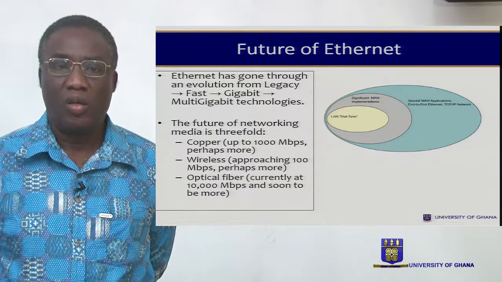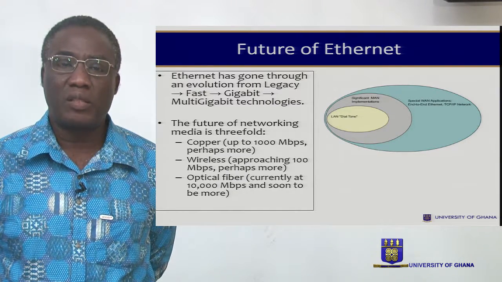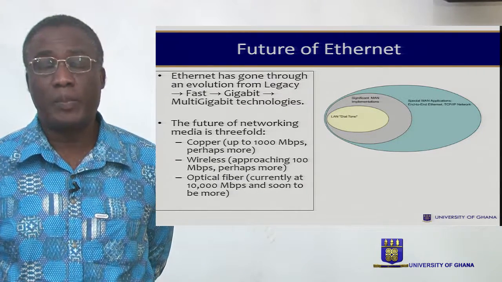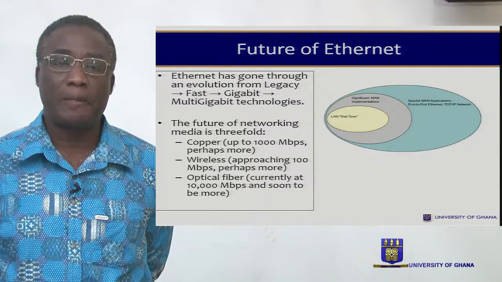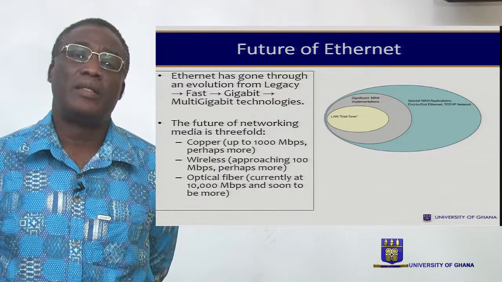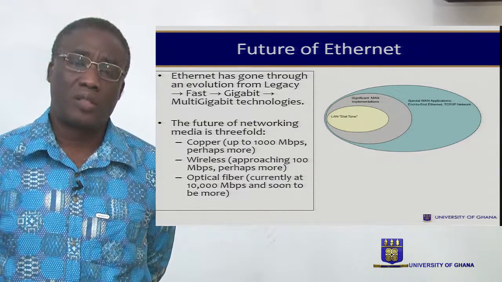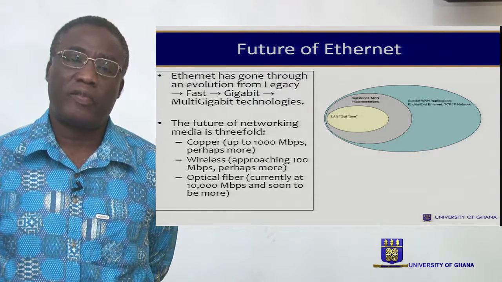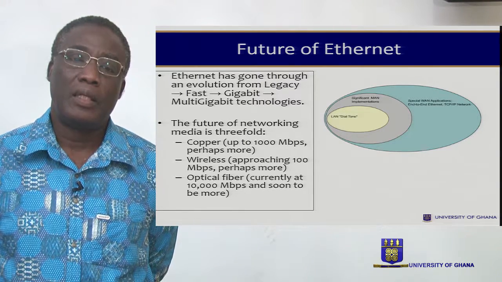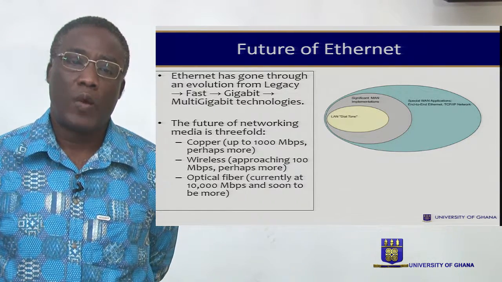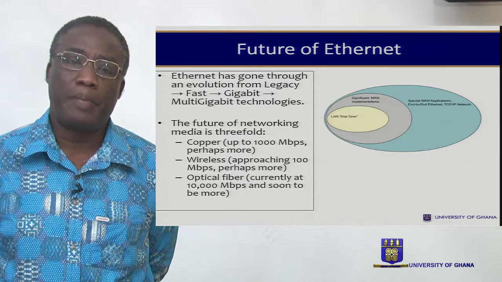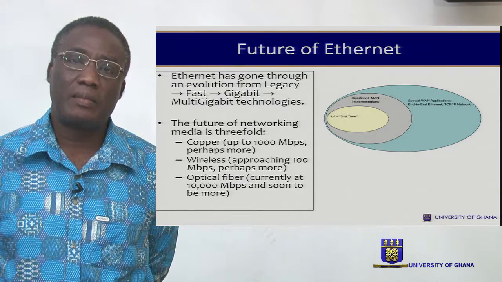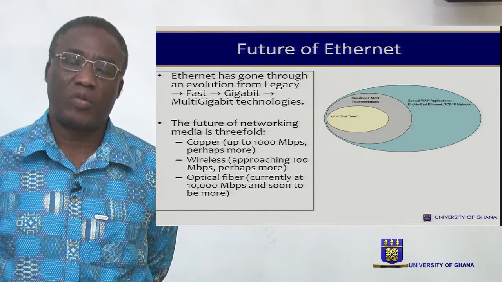Optical fiber, currently at 10,000 megabits and soon to be more; we are expecting 40, 80, or even 100 gigabits. But for those of us in developing nations, where the cost of installation is a big issue, the idea is to think of how to increase wireless bandwidth to rates that make it very competitive and attractive.